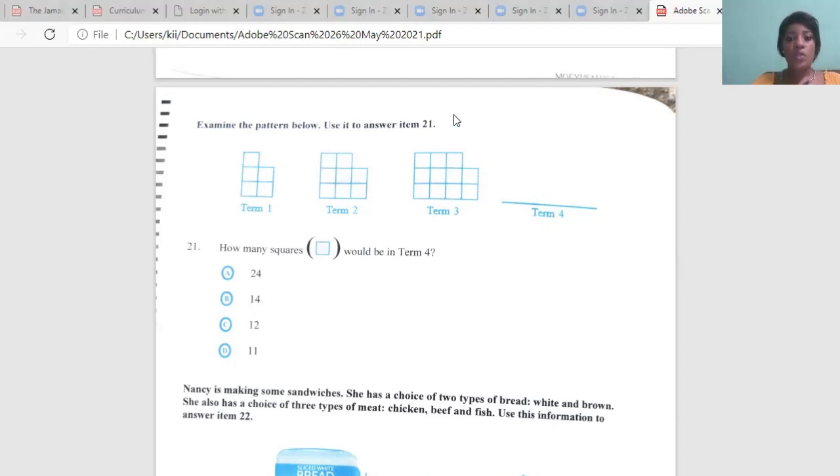All right. So I'm going to go to my whiteboard so I could see what the pattern is. So the first term, term 1, was 5 squares.